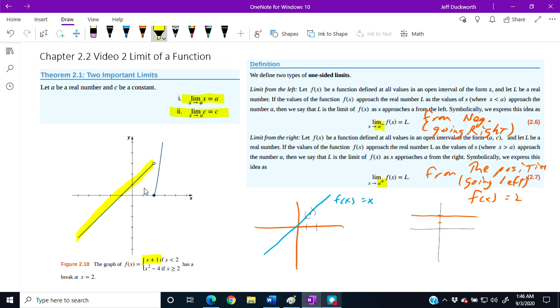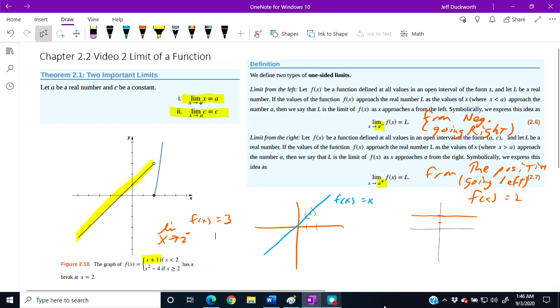There isn't any value as we're approaching there from the right. There's a break, as you can see. But the limit as x approaches 2 from the negative side equals 3. Even though there's an open circle, again, we don't have to have the value defined at the spot of interest.